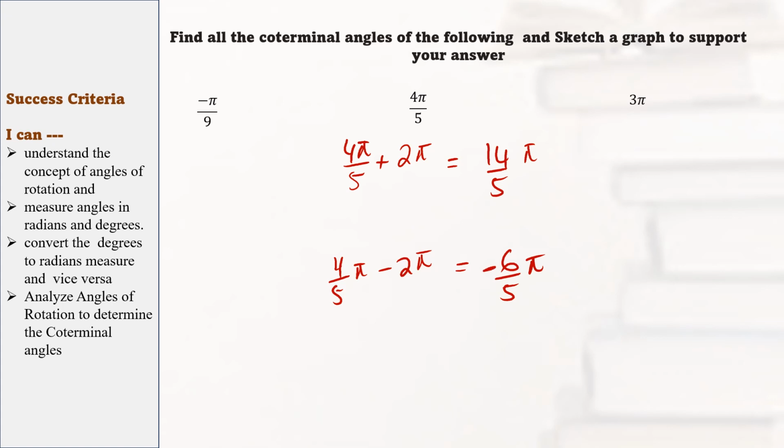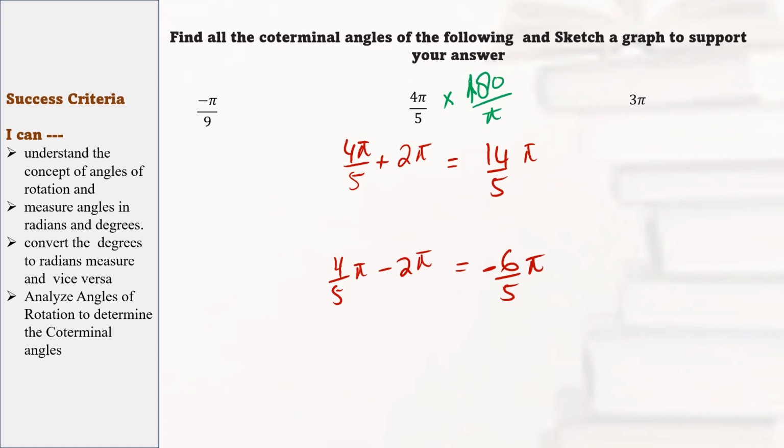Now, to get a better idea, I will convert everything into degrees to understand where they lie, in which quadrant they lie. So I will multiply by 180 over pi.